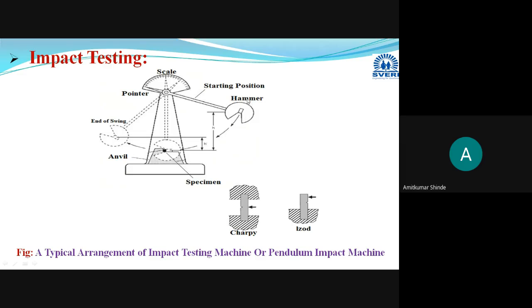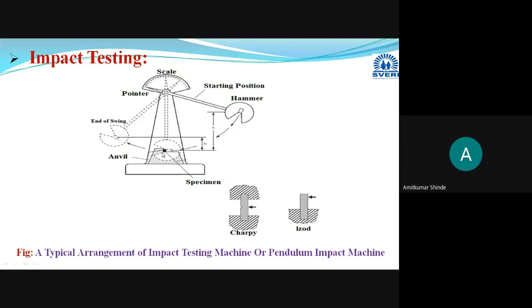The potential energy of this hammer or this tub, when it is in stable condition, some potential energy will be there, and that potential energy will be equal to the kinetic energy which will be there due to its motion.